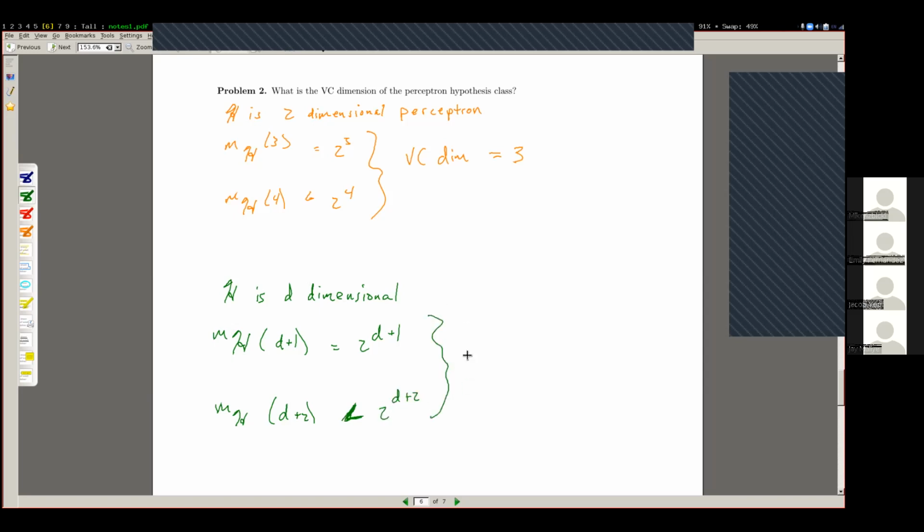And so those two facts together imply that the VC dimension equals d plus 1.